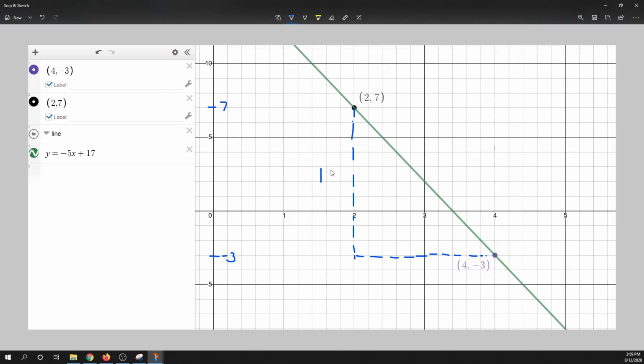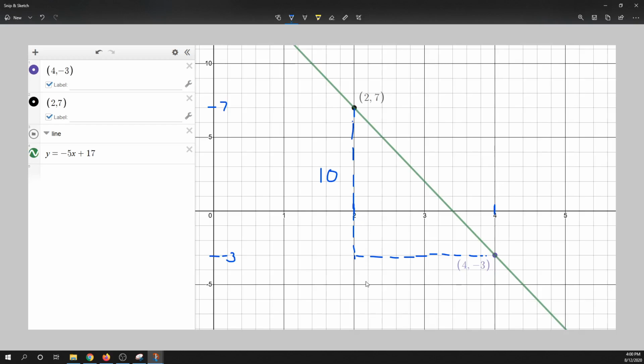So the length of this side was 10. And then over here what we did, yeah, that's what we got on 10. You could do it the other way as well. So just to illustrate, down over here what we did was we went from 2 to 4, right?